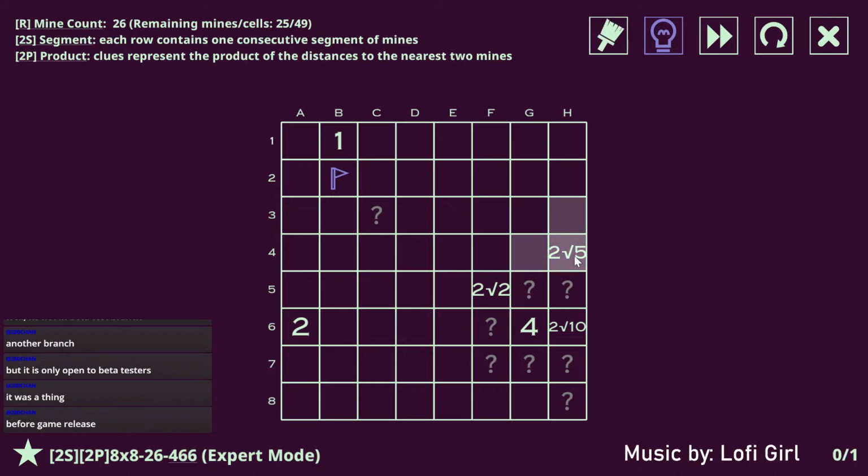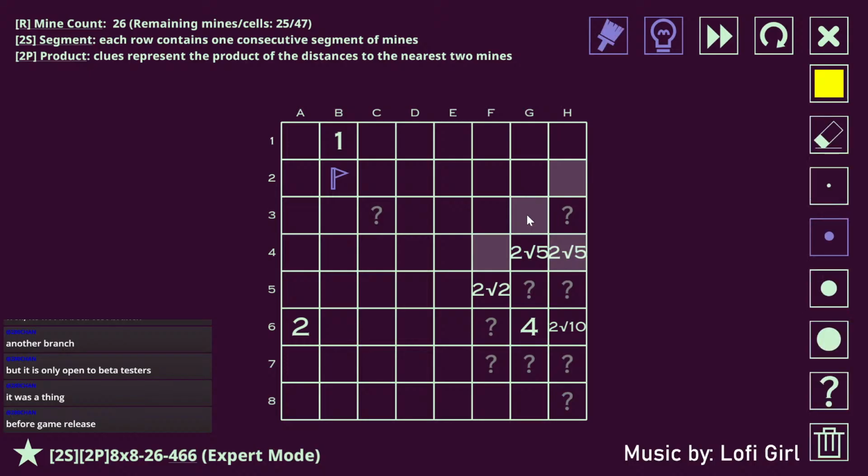Okay, 2 by root 5 is either 1 by root 20, which honestly feels insane. I don't think 1 by root 20 is valid. So we're gonna do a quick guess. Yeah, it could be root 2 by root 10, so it'll be a mine here and then either a mine here or here. And all of these would be empty.